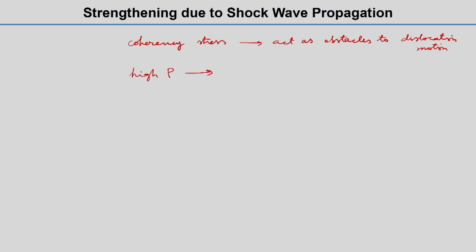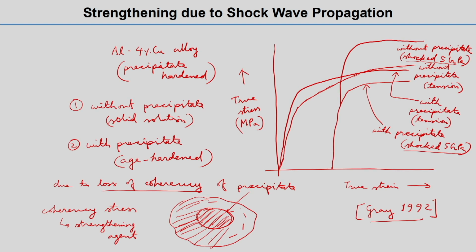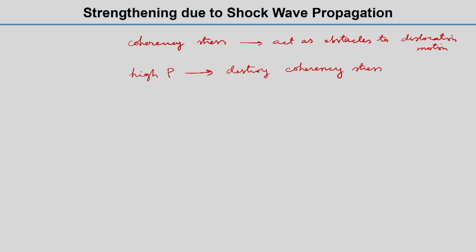High pressure can destroy that coherency stress. We are not going to discuss much about it; if you are interested, please study what coherent, incoherent and semi coherent interfaces are. By interfaces I meant, going back to the previous slide, the interface between the precipitate and the matrix. Coherency refers to that precipitate matrix interface.